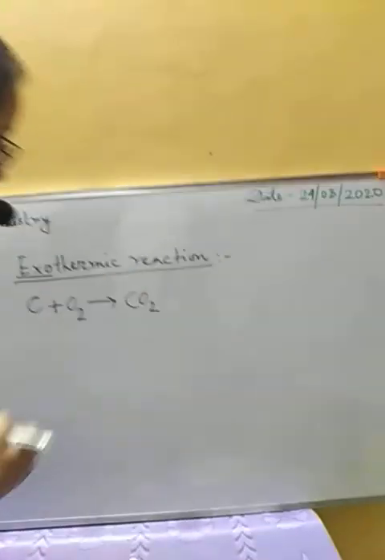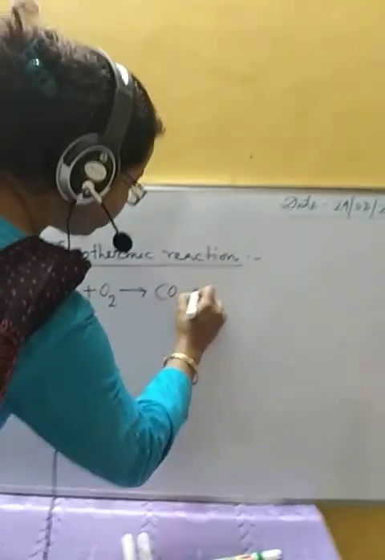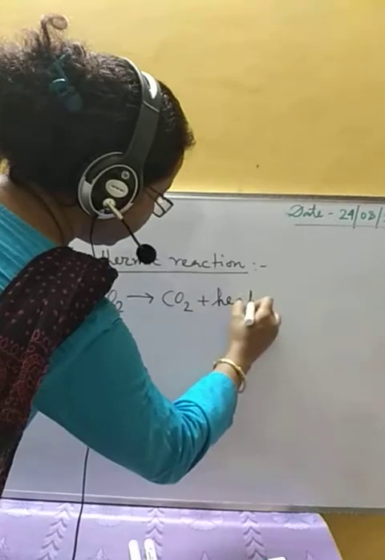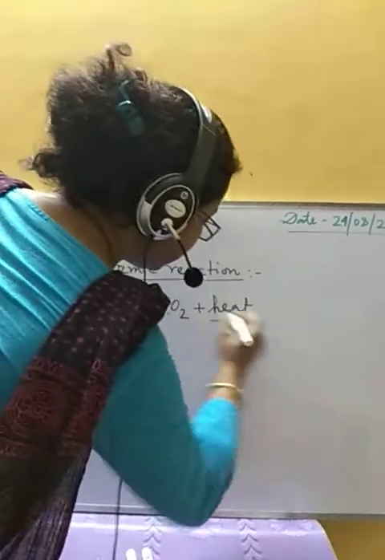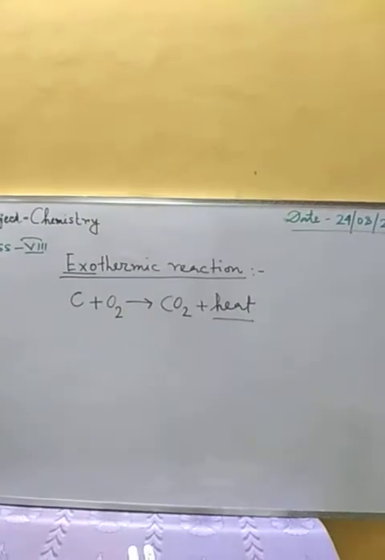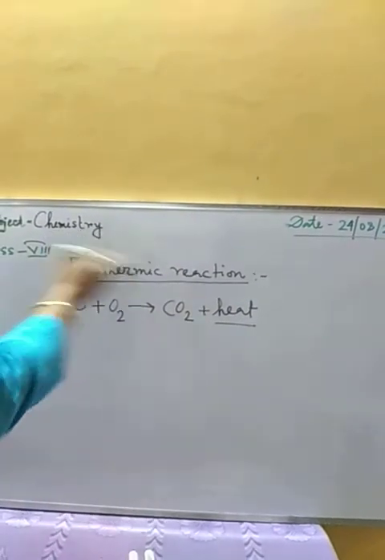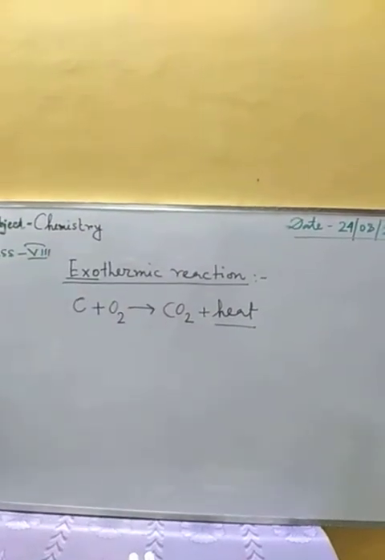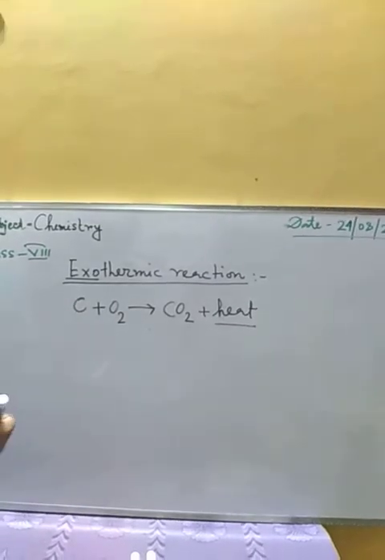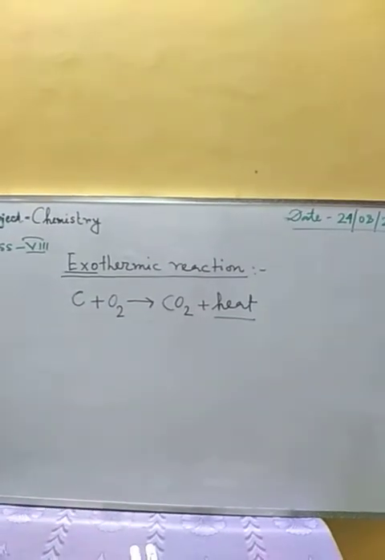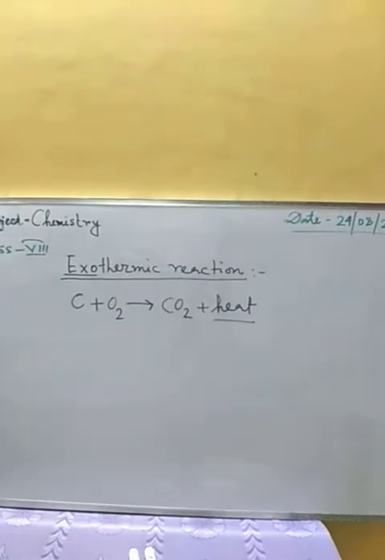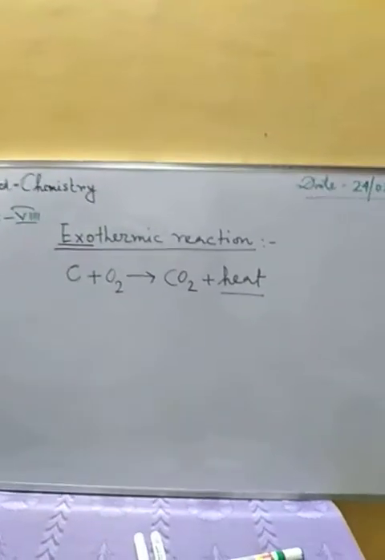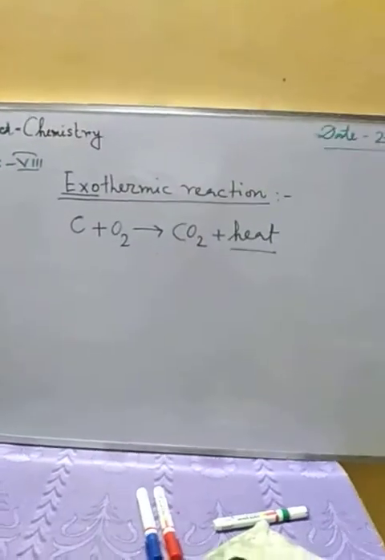Here, along with carbon dioxide we are going to get heat and light. So here we can see that heat is evolved during the reaction, with the product we are getting the heat. That's why this kind of reaction is called exothermic reaction.